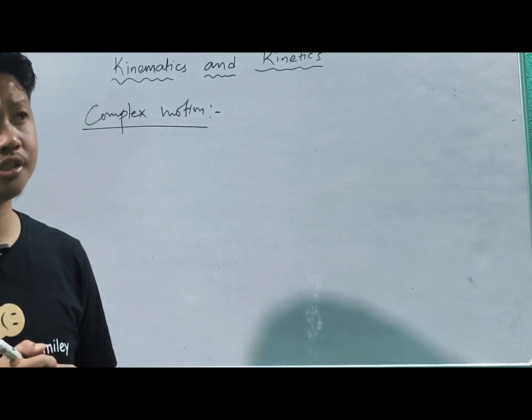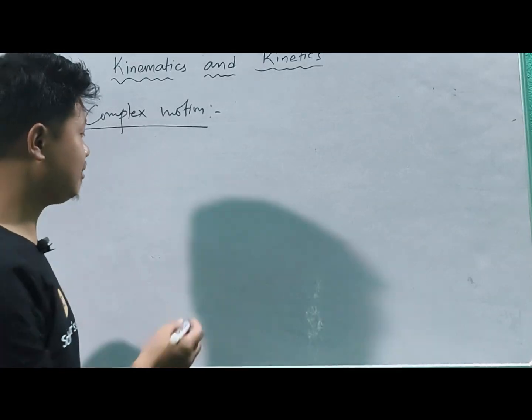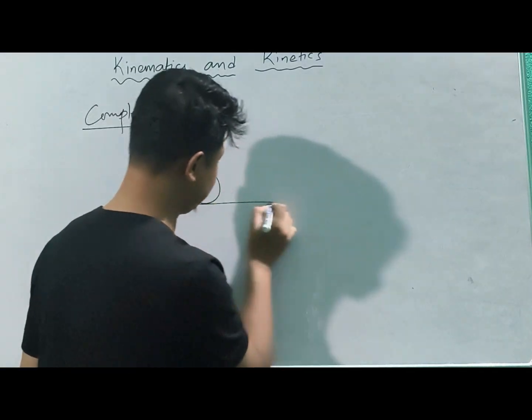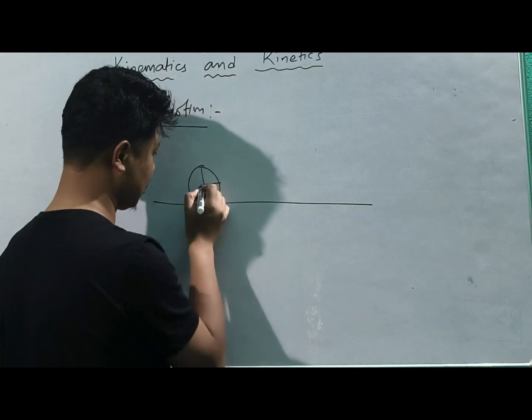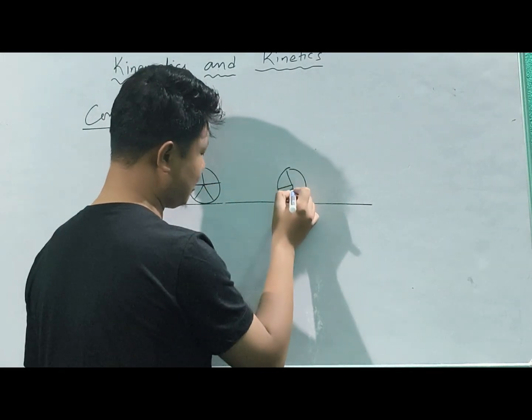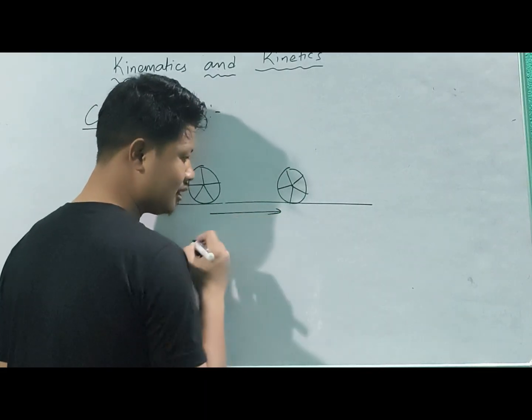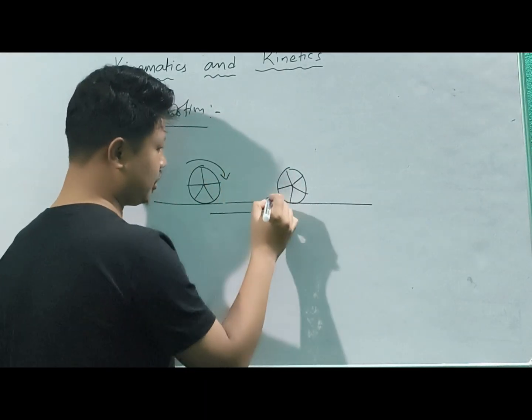For example, just imagine the wheel of a moving car. The wheel of the moving car is moving in a straight path as well as rotating also.